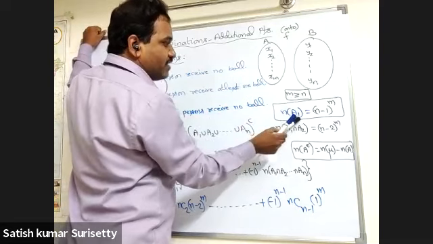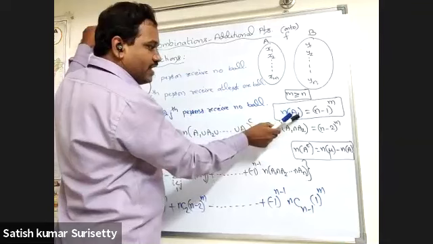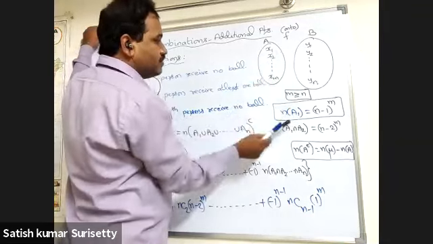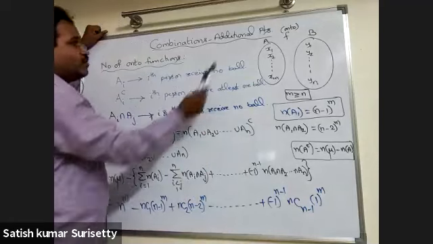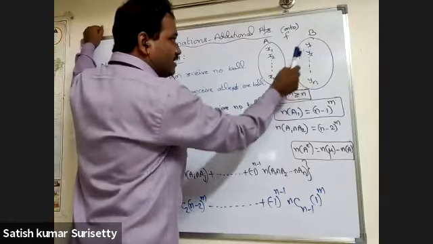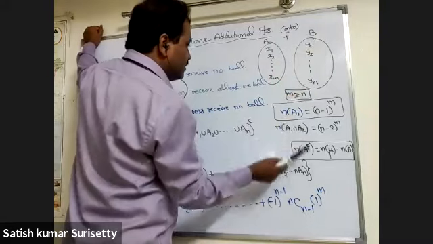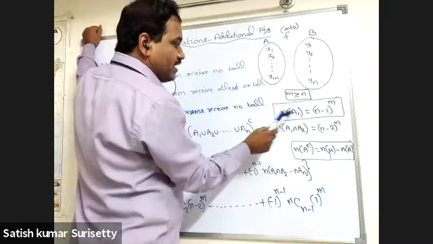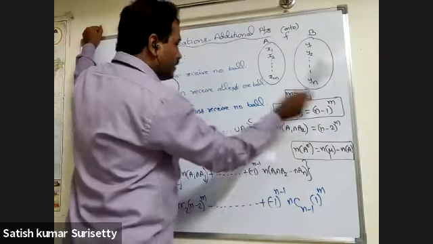That means n of A1 will become (n minus 1) to the power of m. Now, not only n of A1, n of A2 also will be the same. The meaning of n of A2 is that the second person receives no ball. So the second person is not receiving any of the balls. That means again you are distributing m balls to n minus 1 persons only. That is, whether it is n of A1 or n of A2 or n of An, it is always the same as (n minus 1) to the power of m.